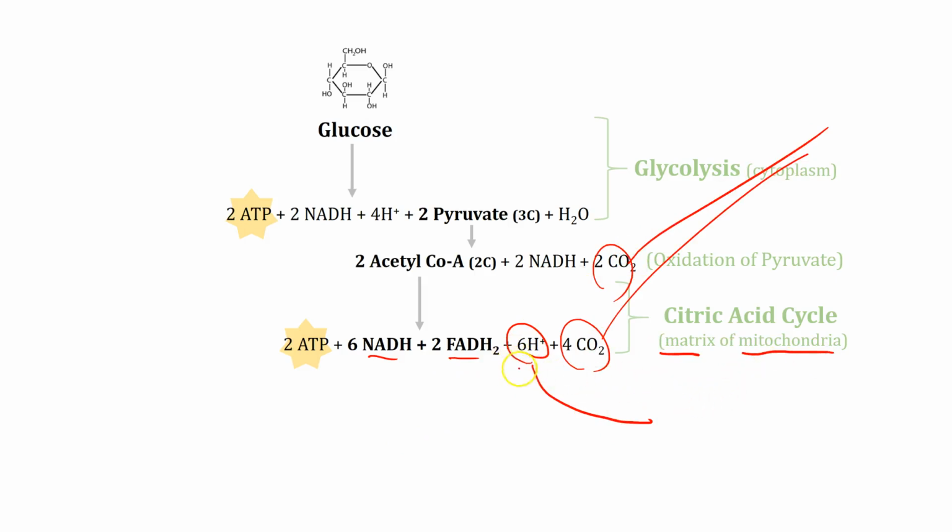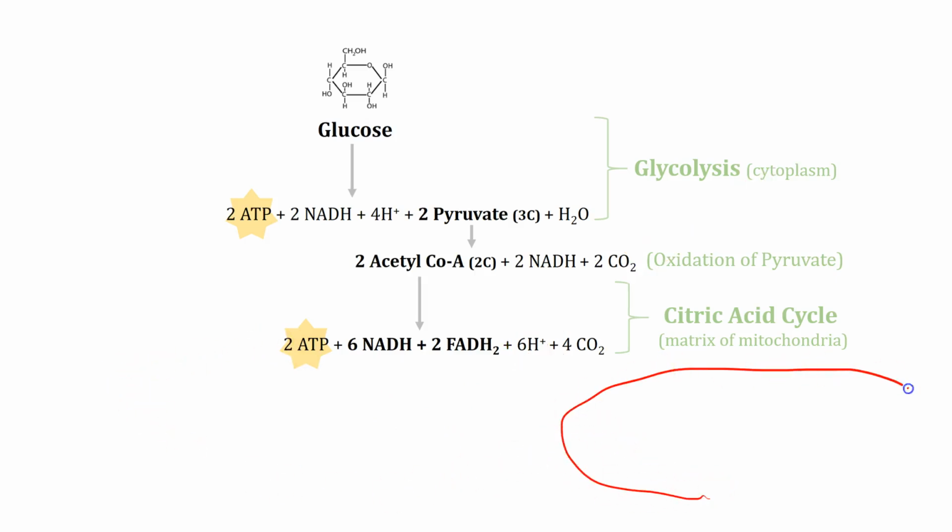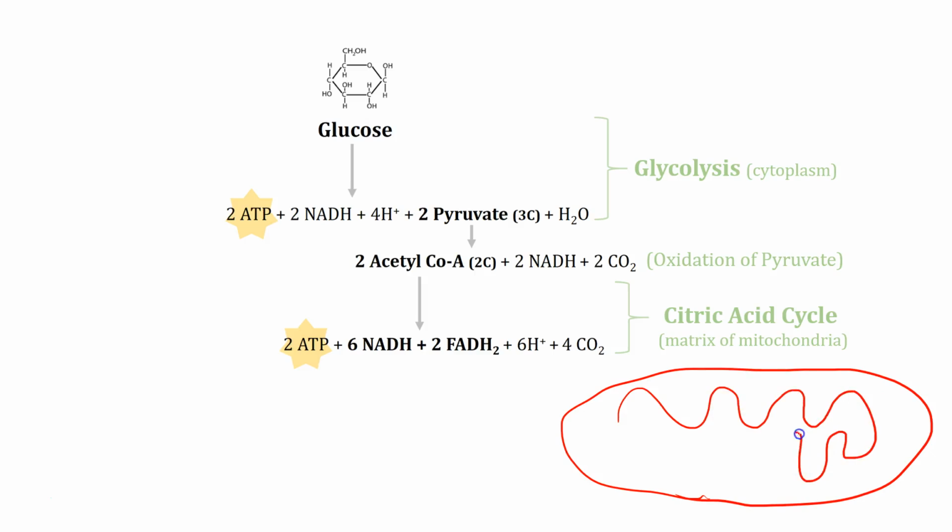Well, then the next step is going to be, let's say I draw a picture of a mitochondria here. Here's the outer membrane, and then here's the inner membrane. So in the matrix is where the citric acid cycle is occurring. So this is where everything's being completely dismantled.